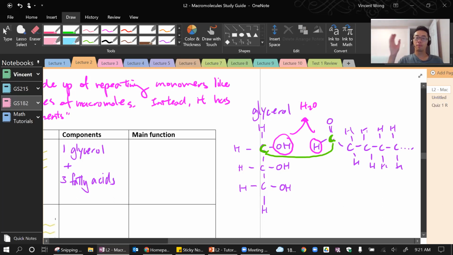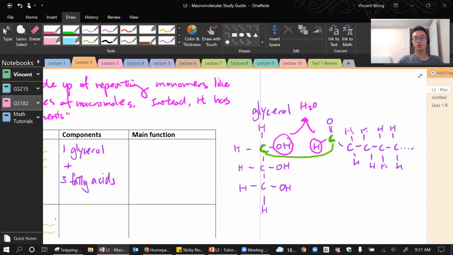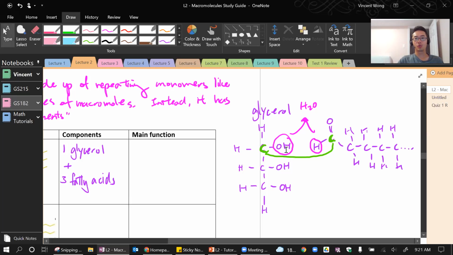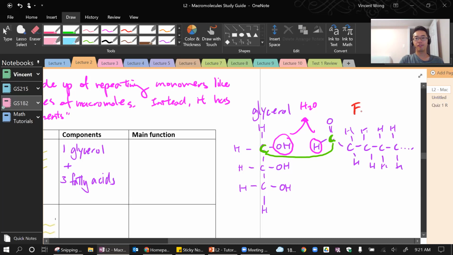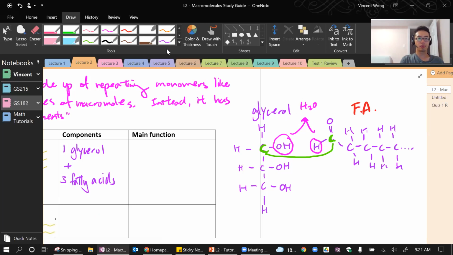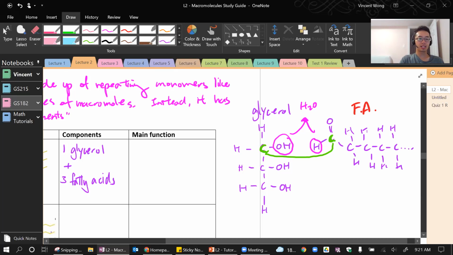So to form a fat molecule, you will need one glycerol and three fatty acids. Here's one, you have another one and another one. So you will release 3 water molecules. That's just to reiterate some of the things that I've said.